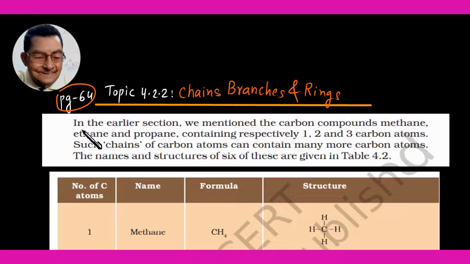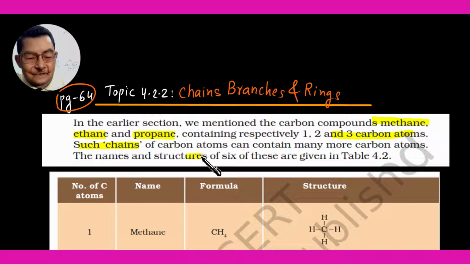The textbook says, in the earlier section, we mentioned the carbon compounds methane, ethane, propane, containing 1 to 3 carbon atoms. Such chains of carbon atoms can contain many more carbon atoms.